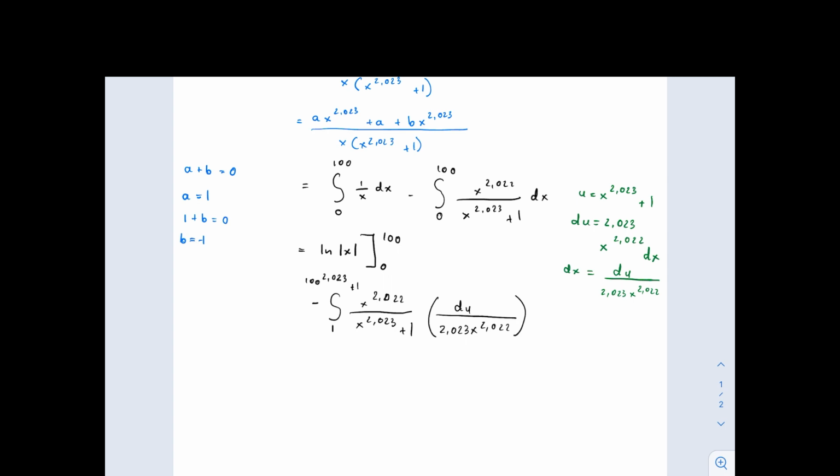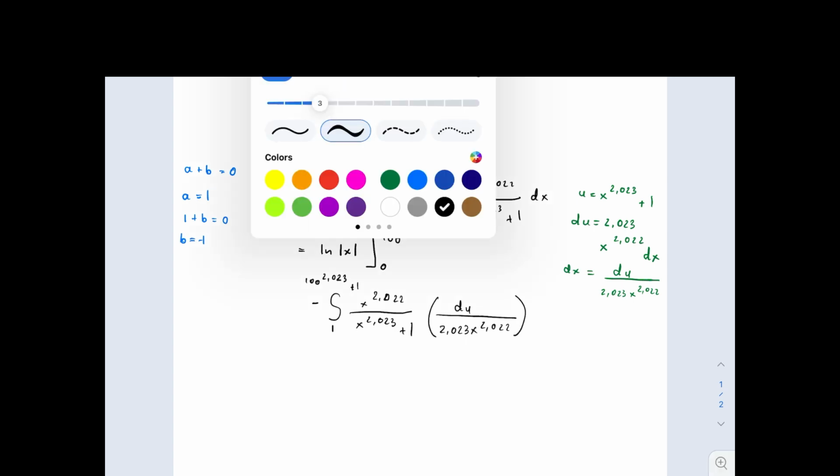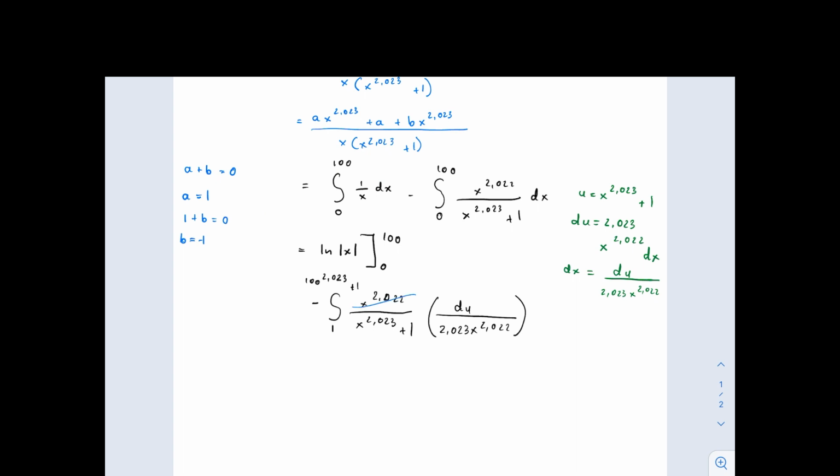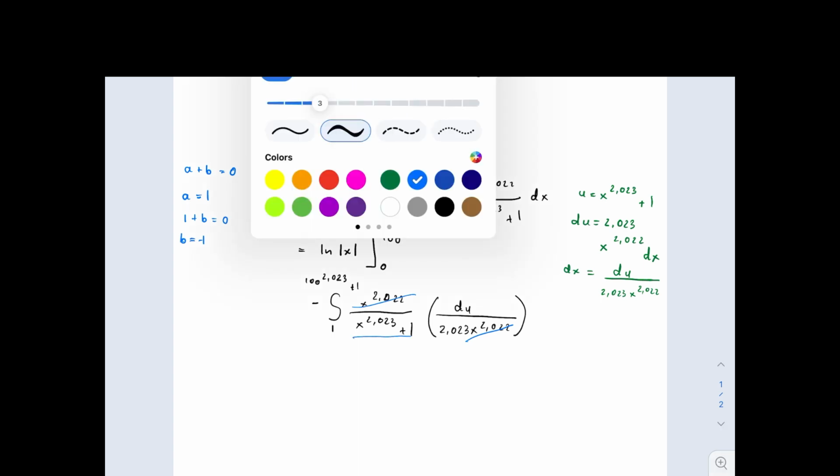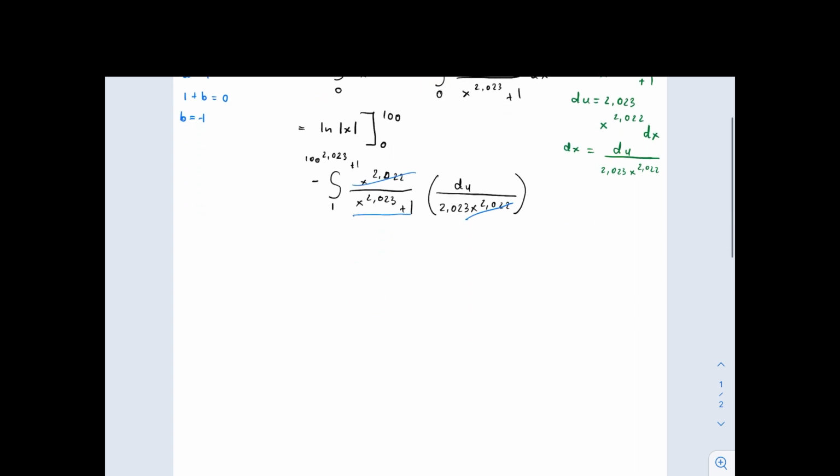And then from here, notice how this term and this term cancel each other out, and that this term in the denominator is what we labeled as u, which means that we get to the following: natural log of the absolute value of x from 0 to 100 minus the integral from 1 to 100 to the 2023 power plus 1 of 1 over u du.